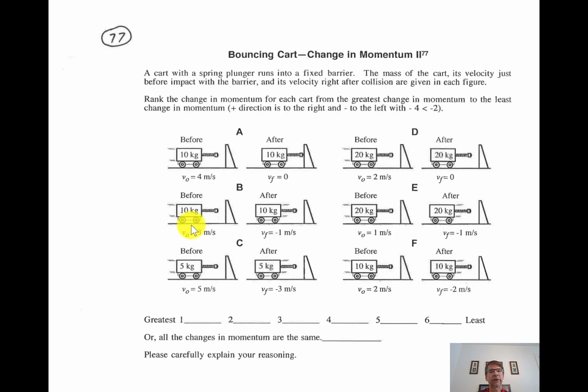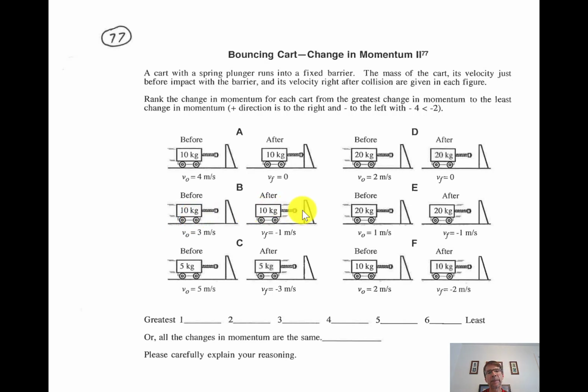So at B, it starts off with 3 times 10 is 30 to the right. But it bounces off and bounces backwards. So now it has 10 units of momentum to the left. So here we got to think a little bit. It's not that hard, but these bouncing situations, you can easily get them wrong if you don't think about the fact that it's changing direction. For example, the original momentum is 30 to the right.